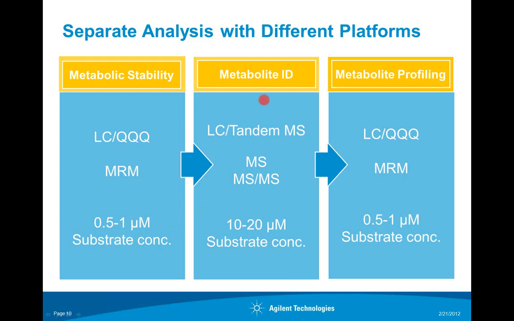For the qualitative analysis, in this case metabolite identification, a different LC tandem mass spectrometer was often used because this is a non-targeted analysis. Due to the sensitivity limitation of the traditional LC-MS, a relatively high substrate concentration in the range of 10 to 20 micromolar is often required in order to identify metabolites with a broad coverage.